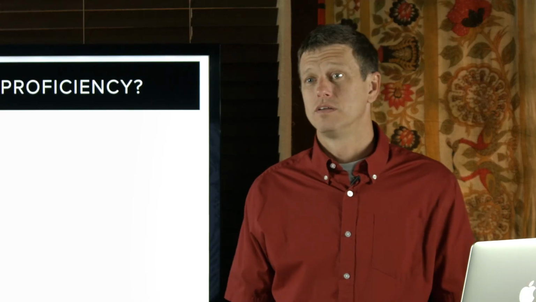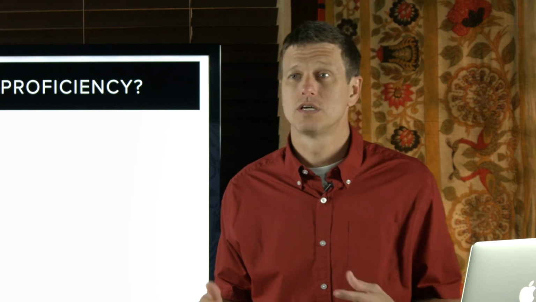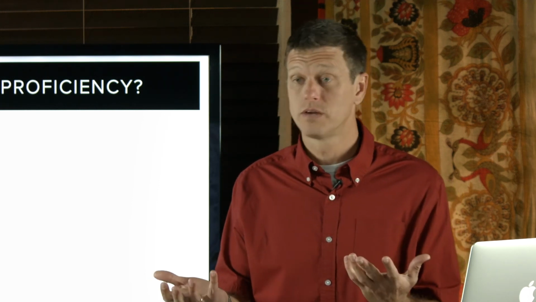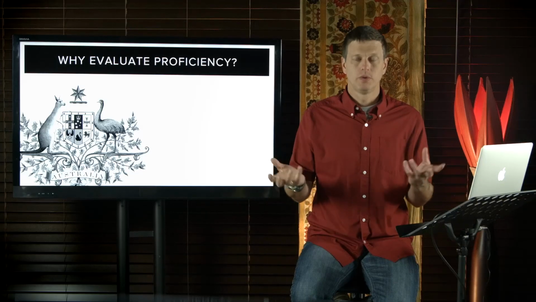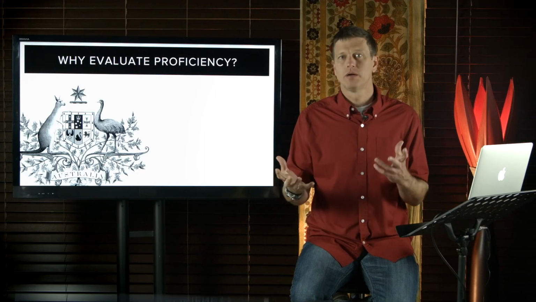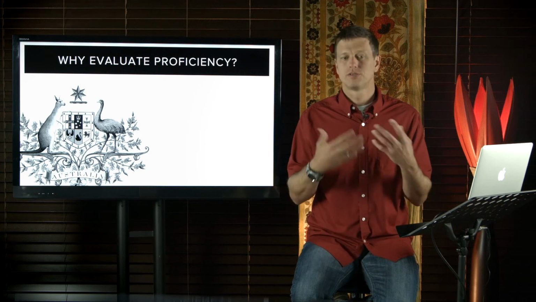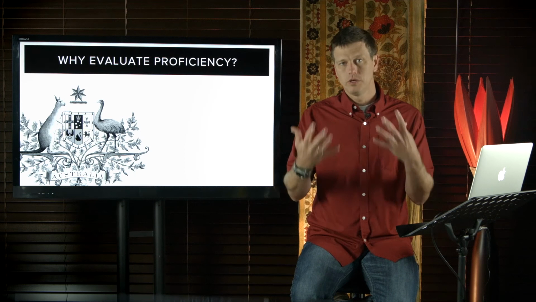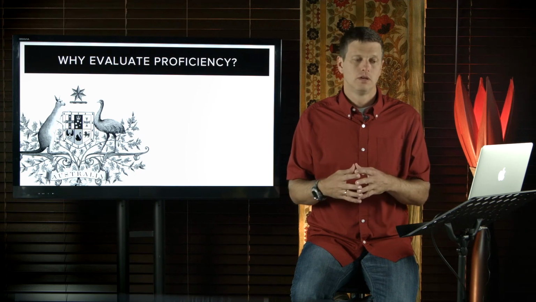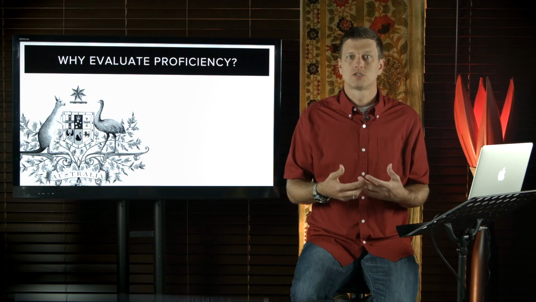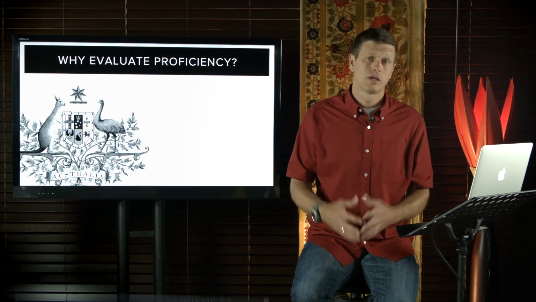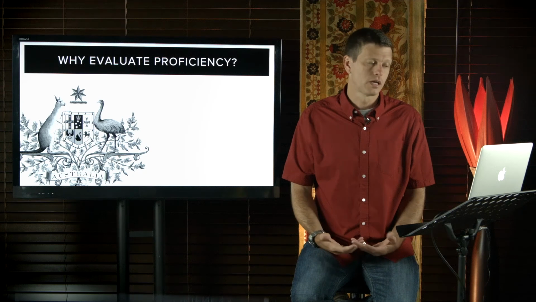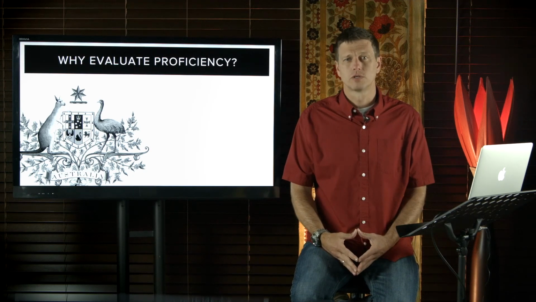And the test is also designed to assess basic knowledge of English as the national language of the country. So we could say that proficiency evaluations like that gauge a person's ability to communicate well enough to function in certain roles in the society that have been established, either as a university student, or as a citizen of the country.